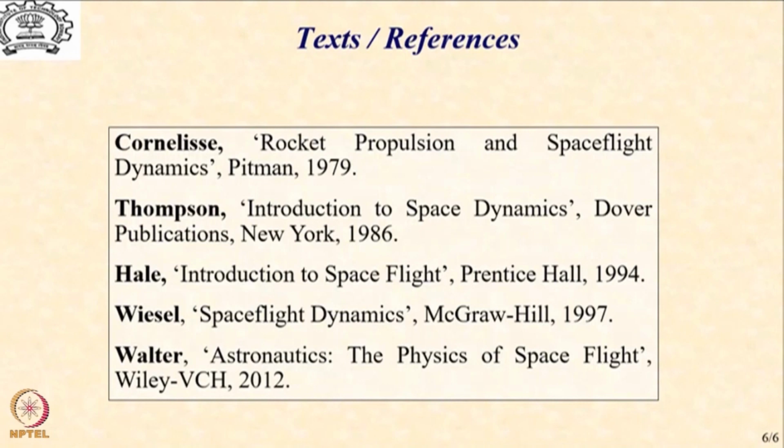The Cornelius book is about 40 years old. Thomson also is an old book. But of course there are also the recent books which have come up which talk about the ideas that we are going to discuss as part of this course.